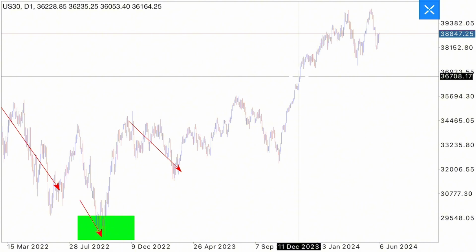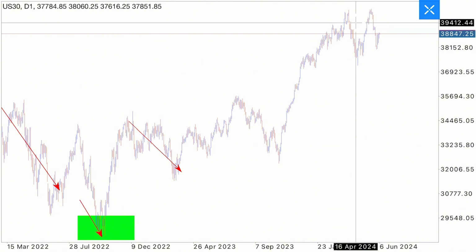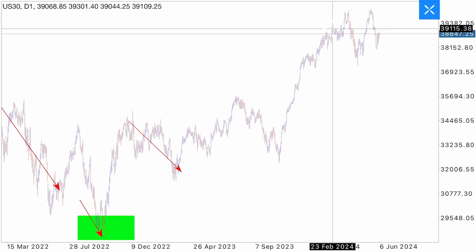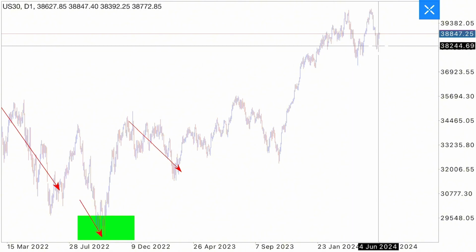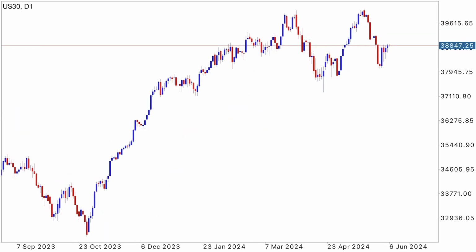But this consolidation might seem like a double top type formation, or rather an M chart formation, because we can see a top here and a second top here, which might result in a double top and an M type formation, as you can see with this drawing which you can be making here. However, seeing that this is not an M-type formation, the market is trying to continue to the upside.